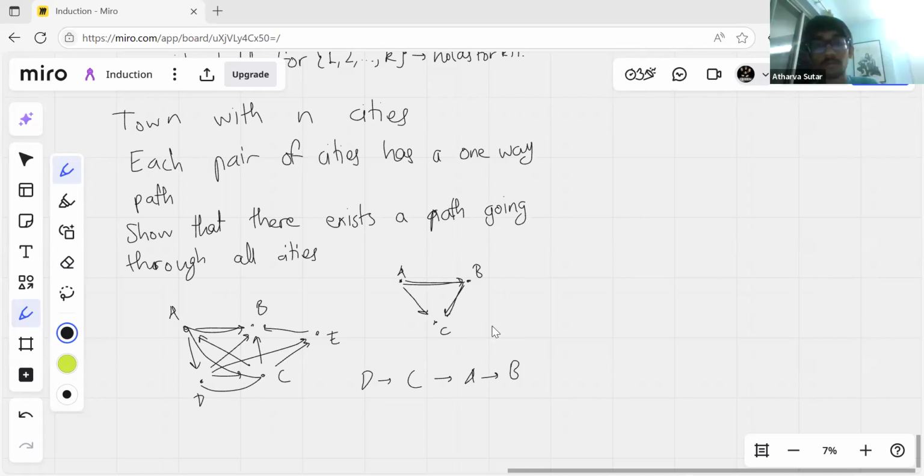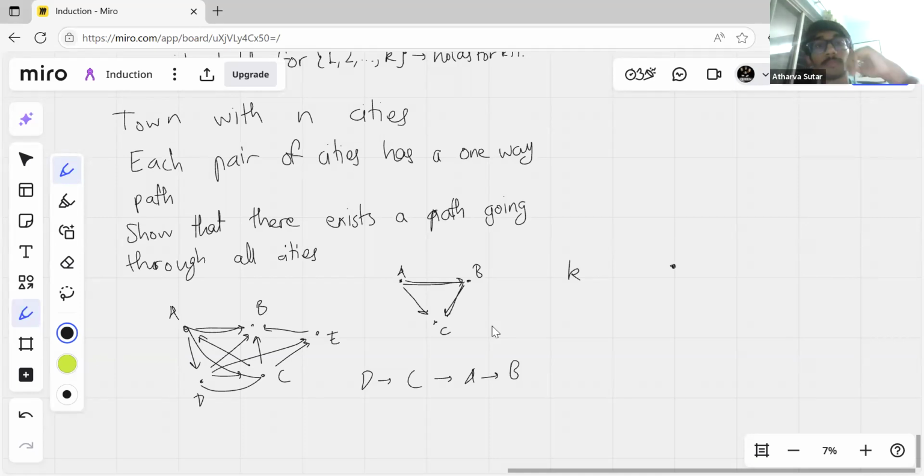So what you want to do is find something that has an endpoint and a starting point. You want to know that the endpoint is in the direction you want it to be. So you have k cities and you're adding one city extra, right?